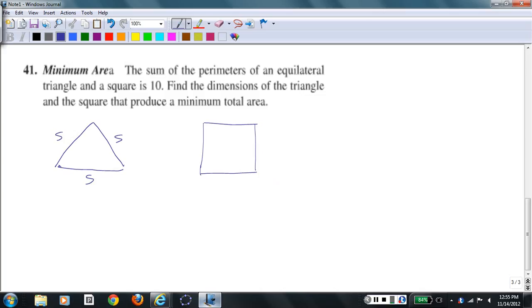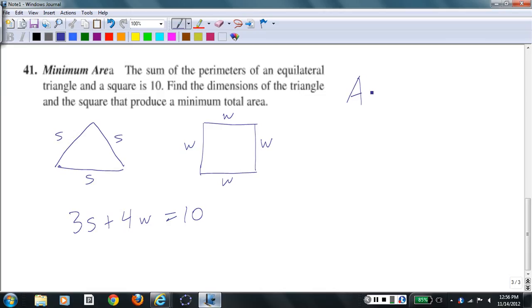I guess I need something else other than S. W, W, W, W. So 3S plus 4W equals 10. Find the dimensions of the triangle and the square that produce a minimum total area.